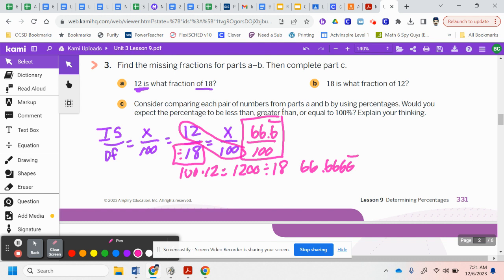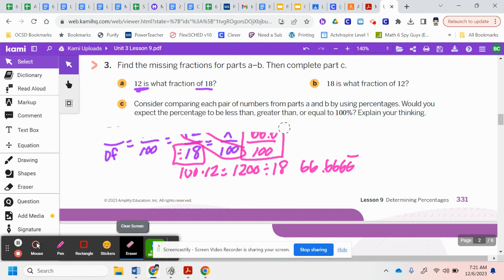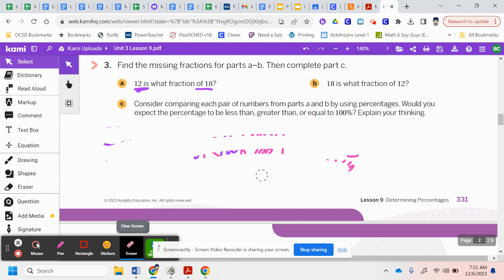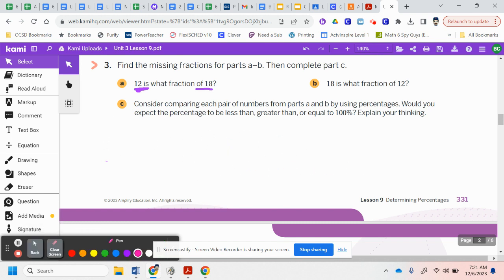Or you can look at letter B, so you can still use your cross multiply, or we can use our pineapple upside down cake method to help us out as well. So in our pineapple upside down cake, I have 18 and 12.